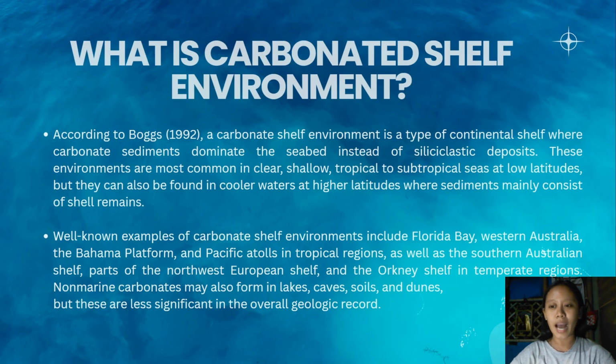This usually happens in clear, shallow, warm seas like around Florida, the Bahamas, or Western Australia. You can also find them in cooler places, but there they mostly come from shells. Sometimes, carbonates can even form in lakes, caves, and sand dunes, but that's less common. Now, let's move on to the next slide.